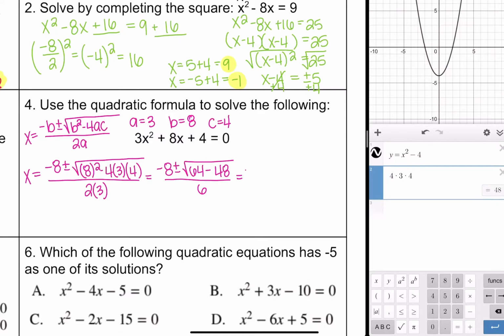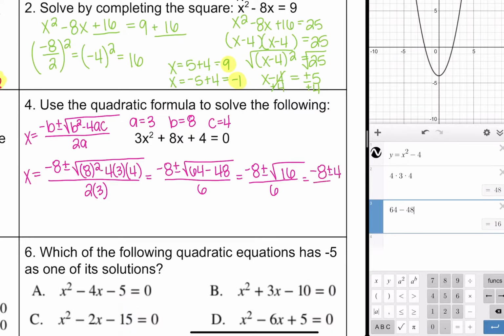And now we have negative 8 plus or minus the square root, 64 minus 48 is 16, all over 6. So that gives us negative 8 plus or minus 4 over 6.